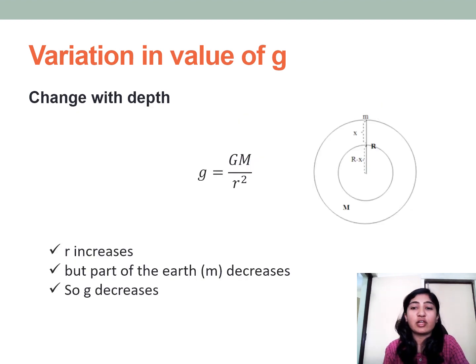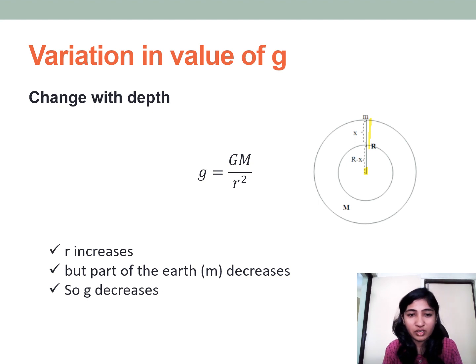Next is the variation of the value of g with depth. We have seen it on the surface, and with the height. Now let us see with the depth inside the earth. As we go inside the earth, obviously the distance from the center will decrease. So r decreases, right?